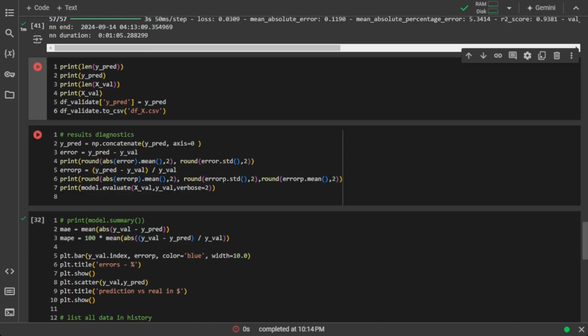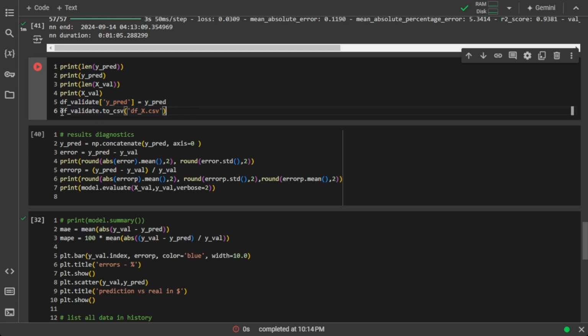Alright, folks, so I've set up a few lines here so that we can check the length of the predictions, print out the predictions themselves, check the length of the inputs that produce the predictions, check the inputs themselves, inject the predictions onto the sheet that houses the master data frame of the test validate set, and then print it out to an Excel.